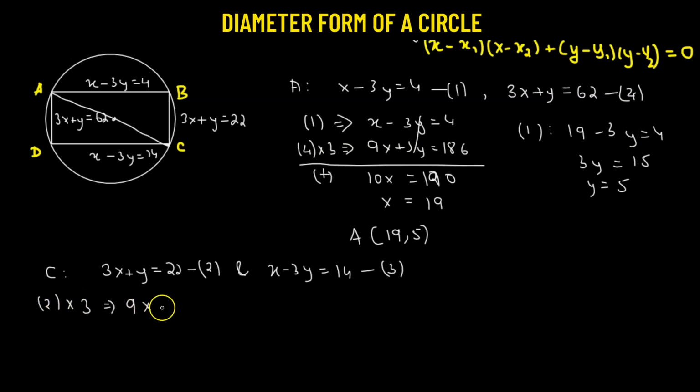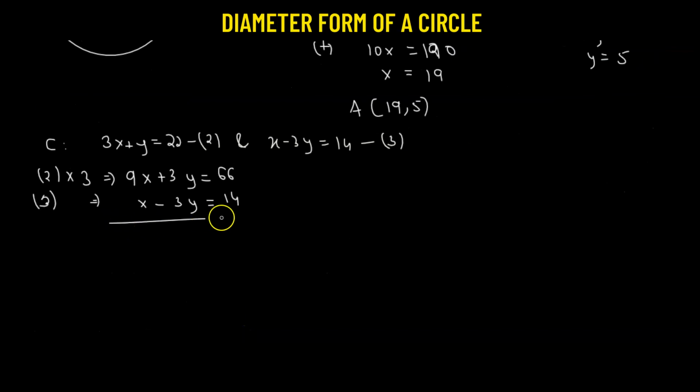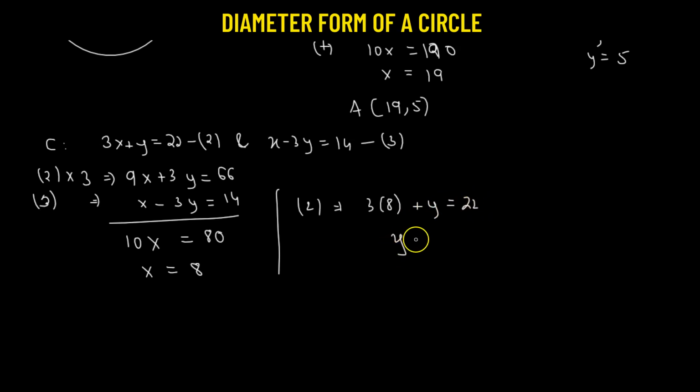So we get 9x plus 3y equals 66, and we keep equation number 3 as it is: x minus 3y equals 14. Adding, we get 10x equals 80, so x comes out to be 8. Substituting this back into equation number 2, we get 3 times 8 plus y equals 22, so y equals 22 minus 24, which is negative 2. That means the coordinate of point C is (8, negative 2).